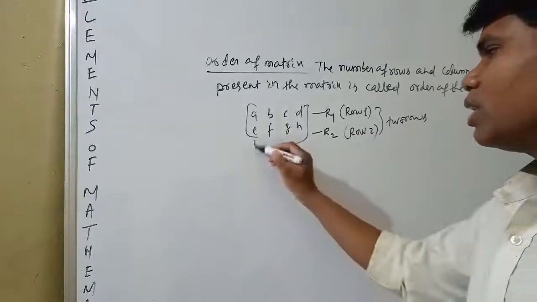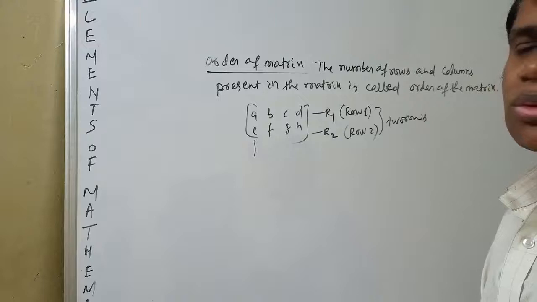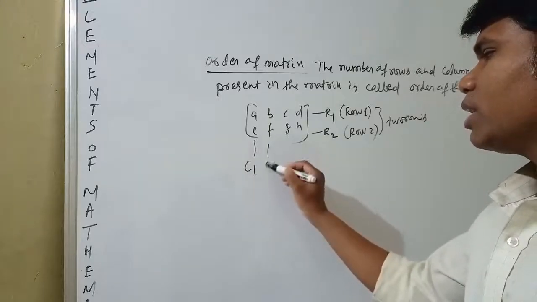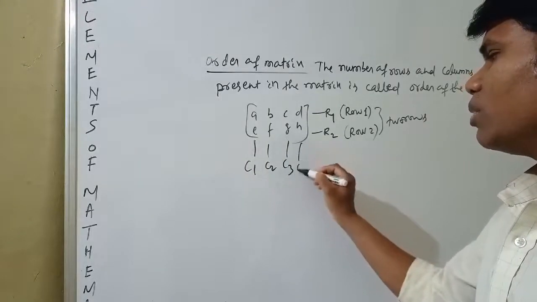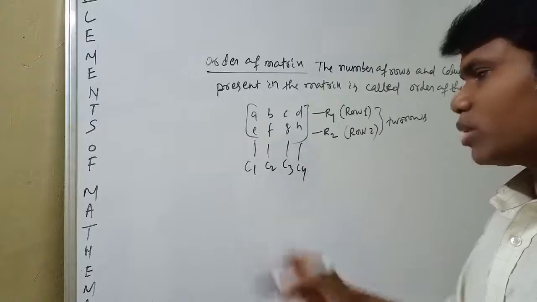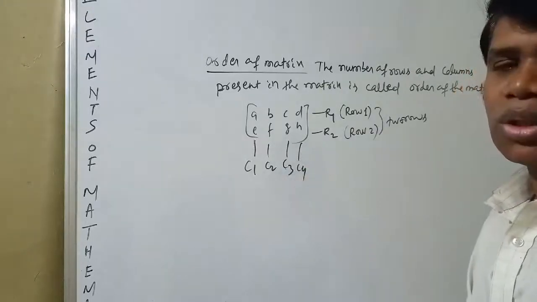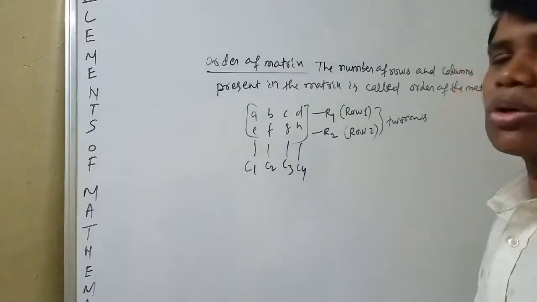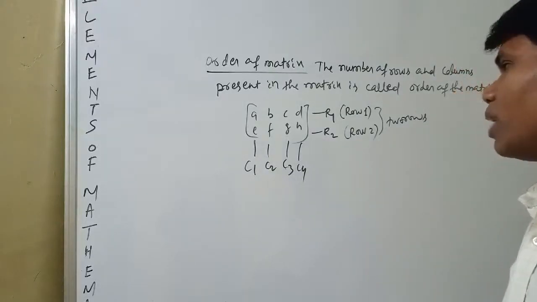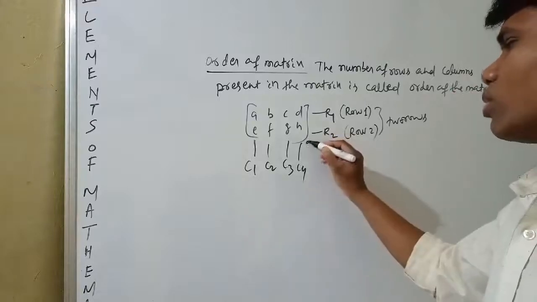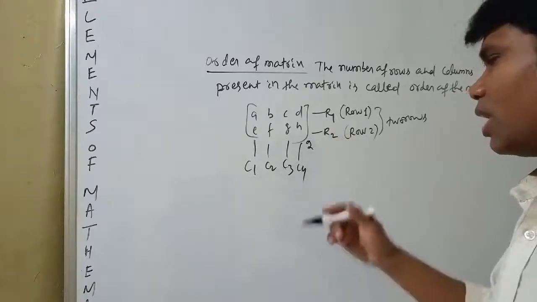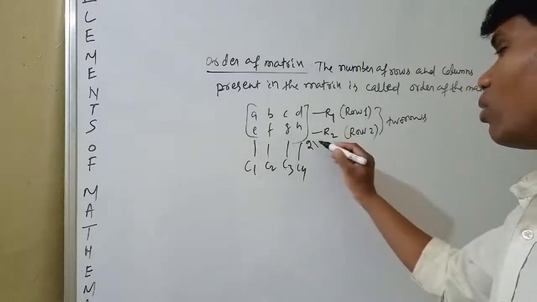C1, C2, C3, C4. There are 4 columns. What is the order of the matrix? There are 2 rows, and we have to write the row first, and there are 4 columns.